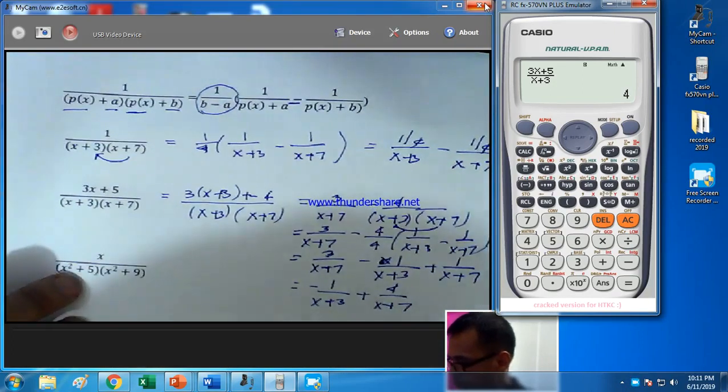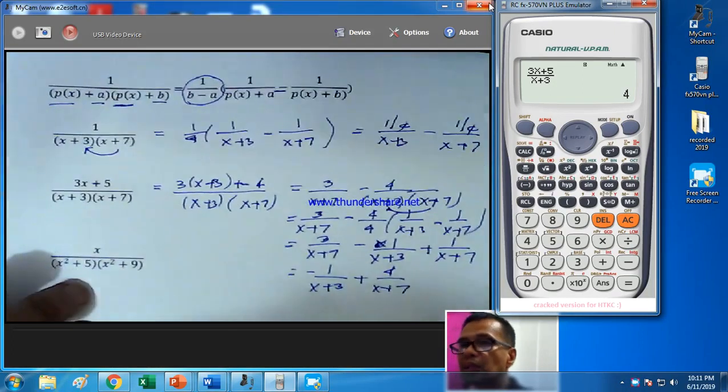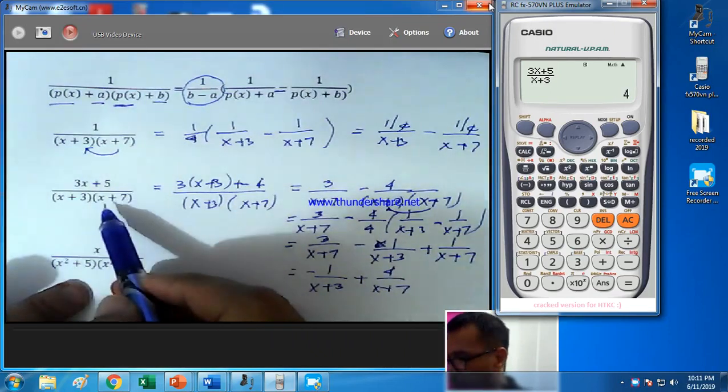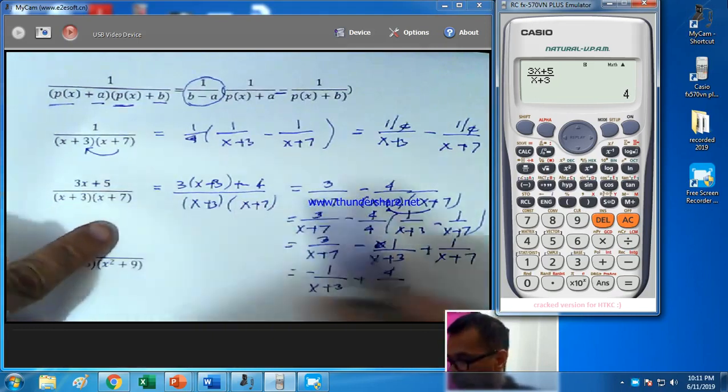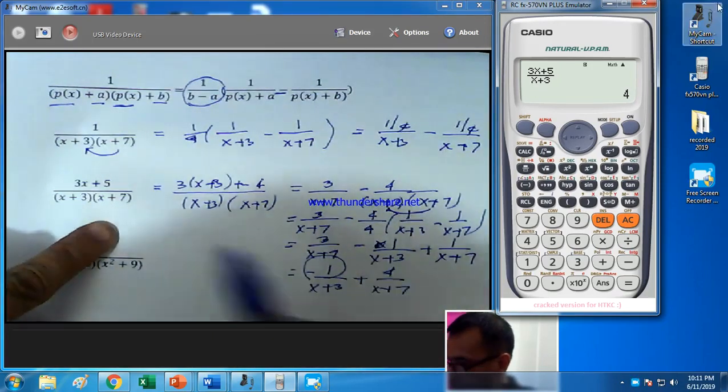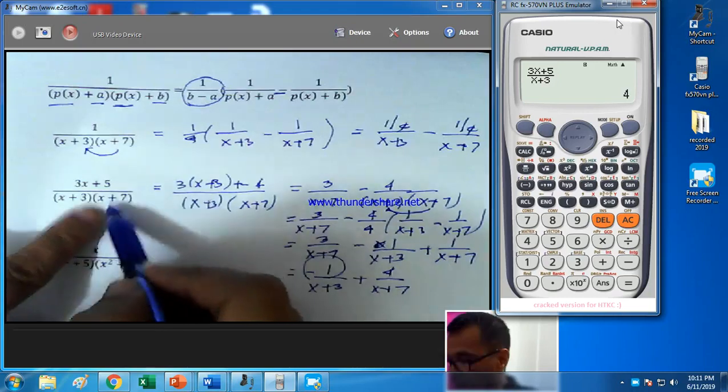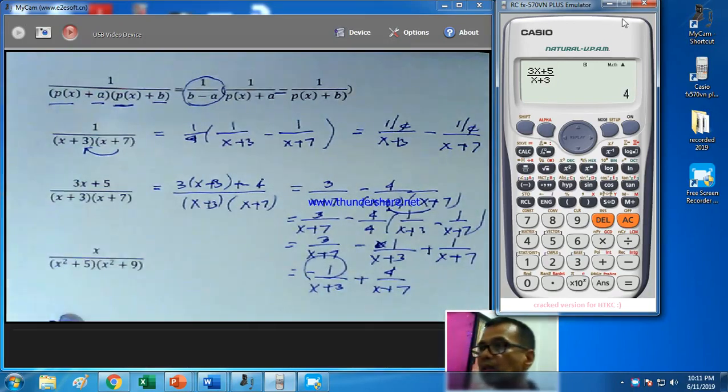Of course you can use the cover up method. Cover x plus 3 to get that term, negative 1, cover x plus 7, and then just type the remaining function. This is 3x plus 5 over x plus 7, covering x plus 3.